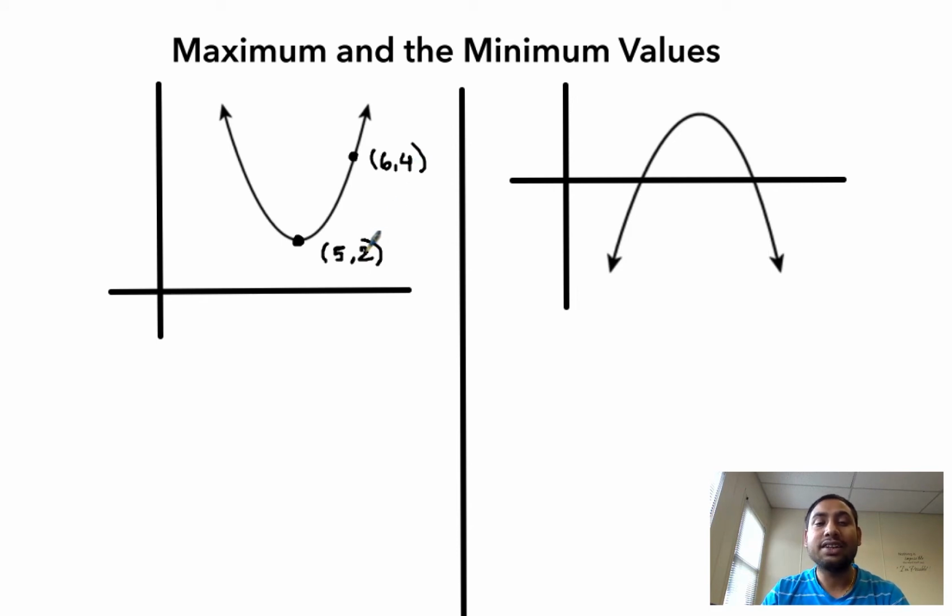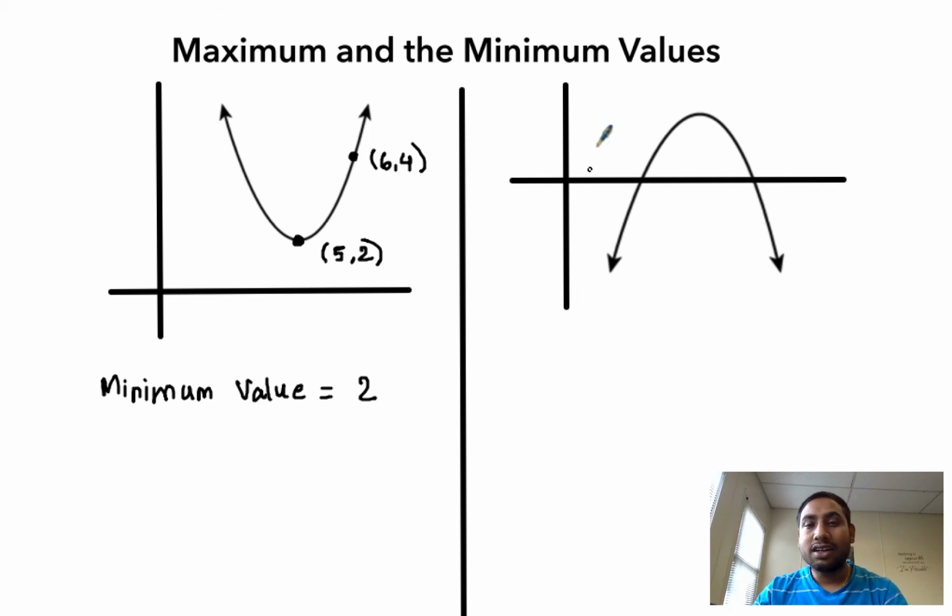So we say that the minimum value of this function is equal to 2. All other function values are going to be bigger than 2, okay? So that's the minimum value. On the second picture here, I've got a parabola that is open down, right?